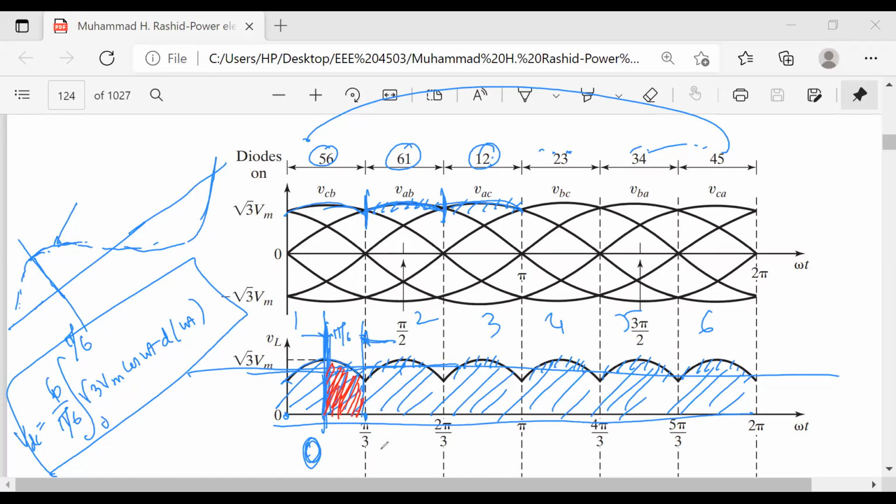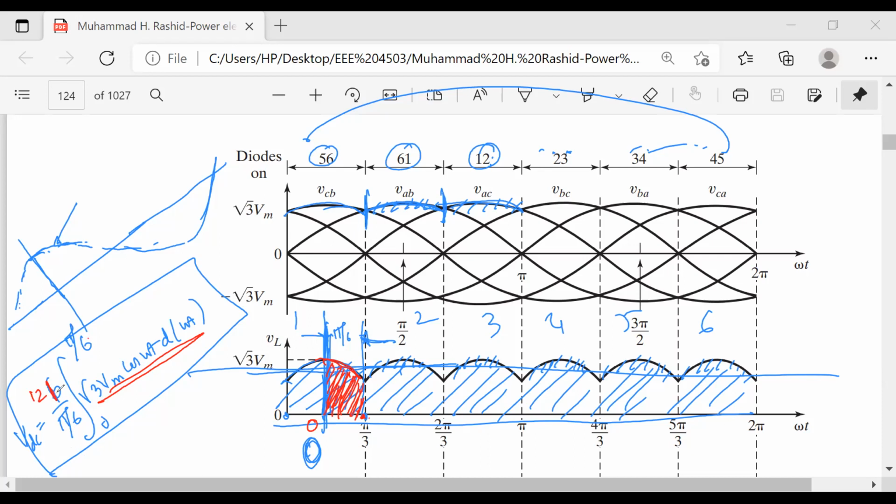It will be 12 because we are taking half. Right. It should be 12. So then you find out the area. So this is the cosine. You just write down the cosine and integrate it. Suppose this is 0 and this is pi by 6. So 0 to pi by 6, divided by pi by 6 and multiplied by 12, and that will give you the total VDC. Am I correct or not?